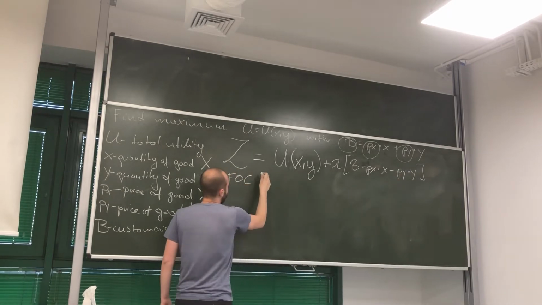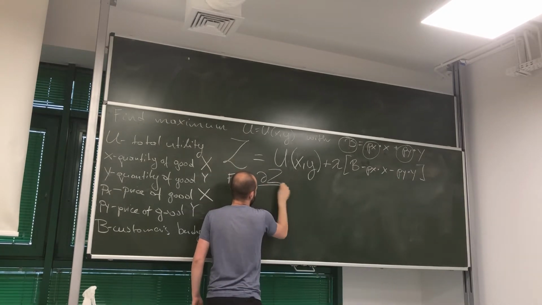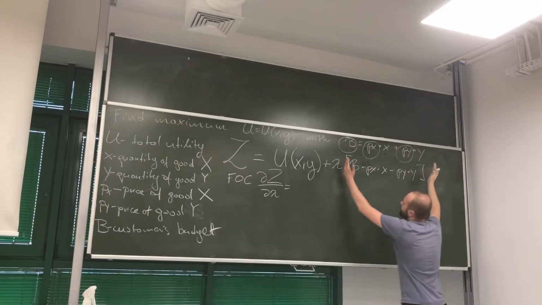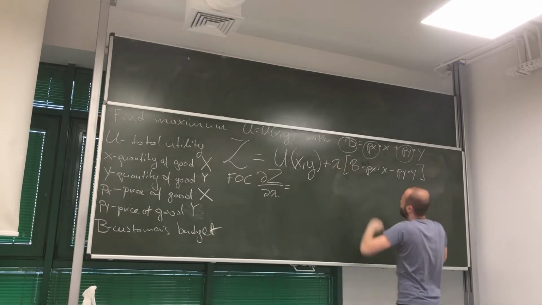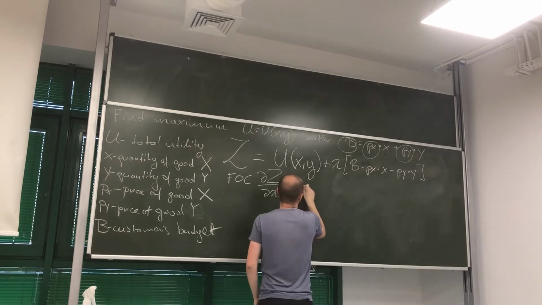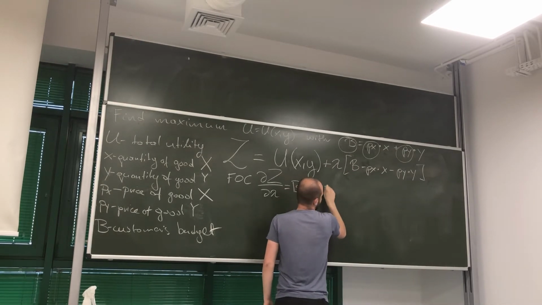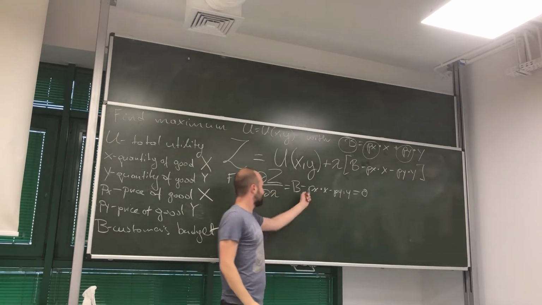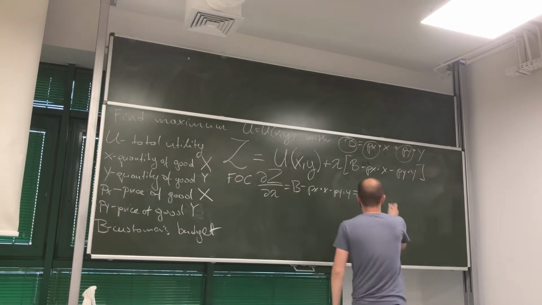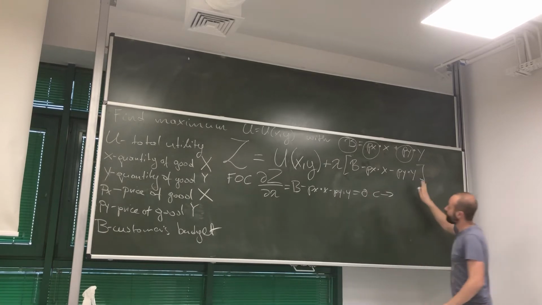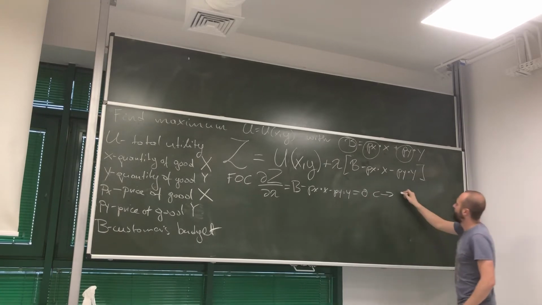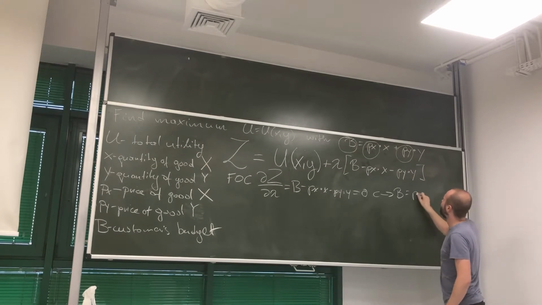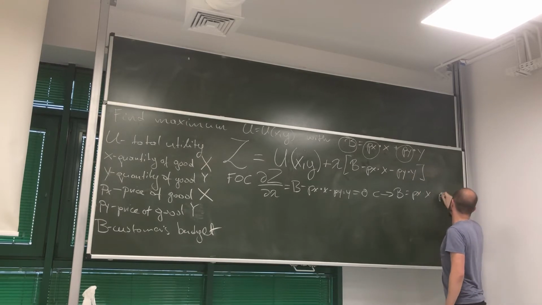So, what do we get? First, we differentiate Z with respect to lambda, and of course, this is the coefficient of lambda, right? So, this is all we have. And this is nothing more, of course, than the repetition of the budget constraint that we had at the very beginning.